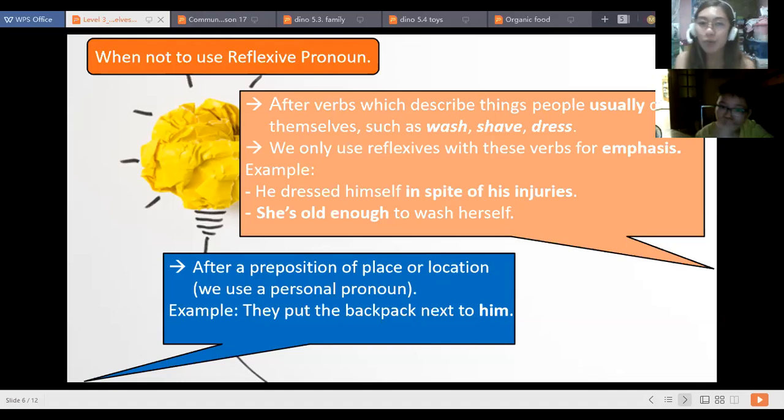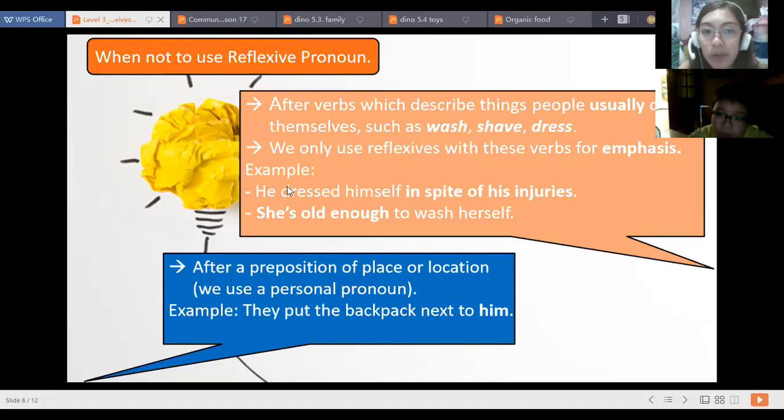Okay, Ken, I will read again. When not to use the reflexive pronoun. After verbs which describe things people usually do for themselves, such as wash, shave, and dress, we only use reflexives with these verbs for emphasis.